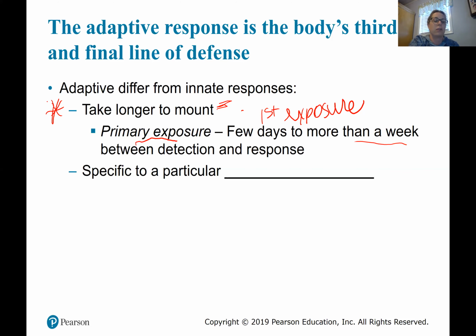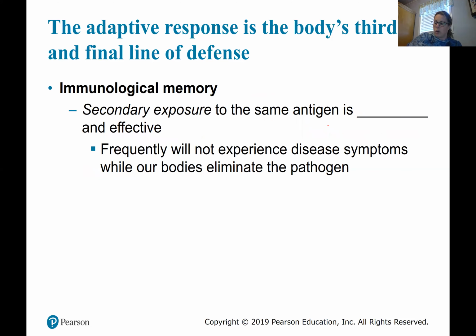Also remember, it is going to be looking for a specific antigen. And remember, we said an antigen is any substance that elicits or turns on or stimulates an immune response. So after the first exposure, the body is going to remember that antigen associated with that pathogen.